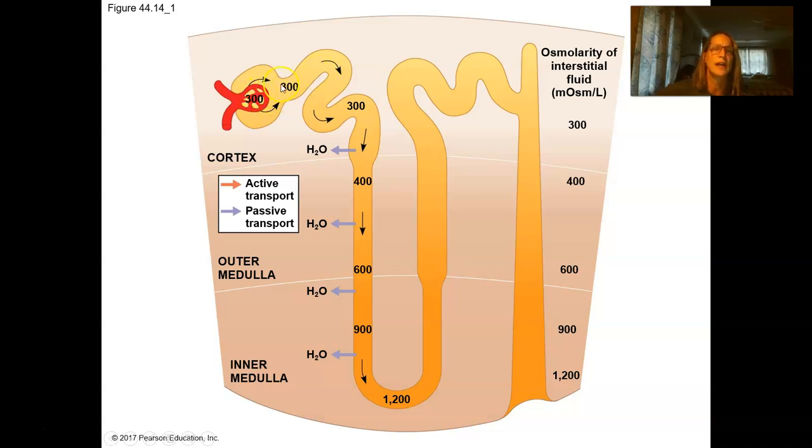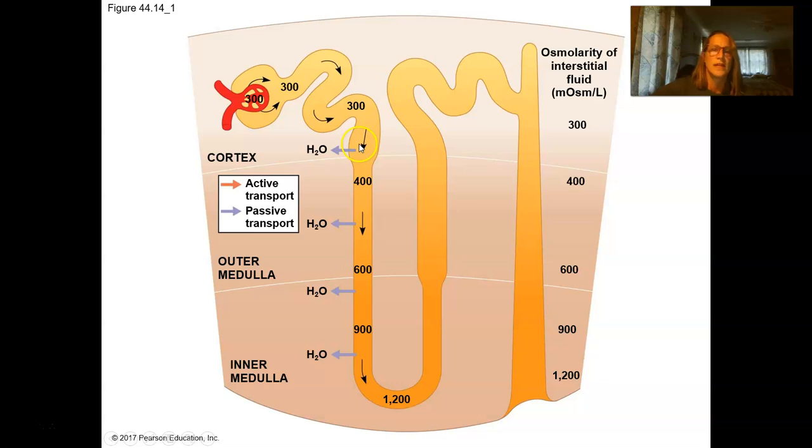So this filtrate has a similar osmolarity to what was inside the capillary and in the interstitial fluid of the cortex. As it moves down, you can see the osmolarity increases as you move down the renal pelvis into the medulla.